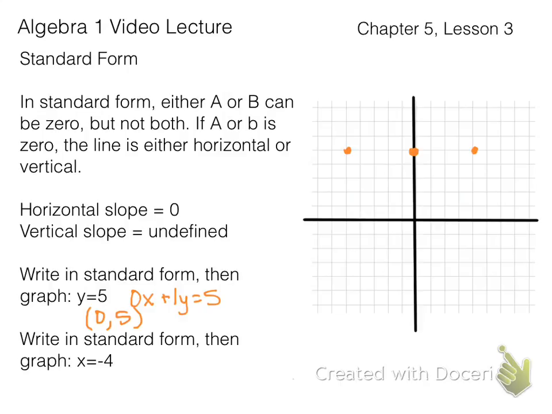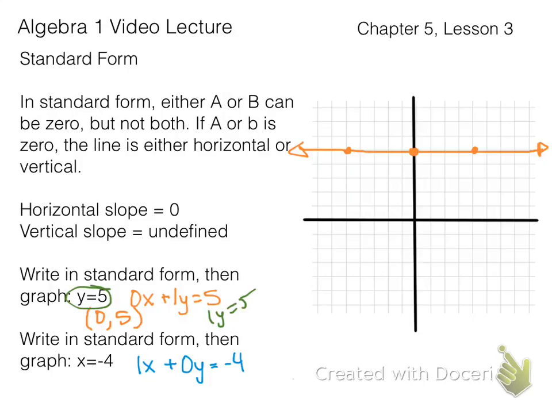It's going to cancel out, and whatever we're left with is 1y equals 5. Well, y has to be 5 in this situation. So we're saying it doesn't matter what x is. According to this equation, y will always be 5. So that's how we end up graphing that as a straight line right there.